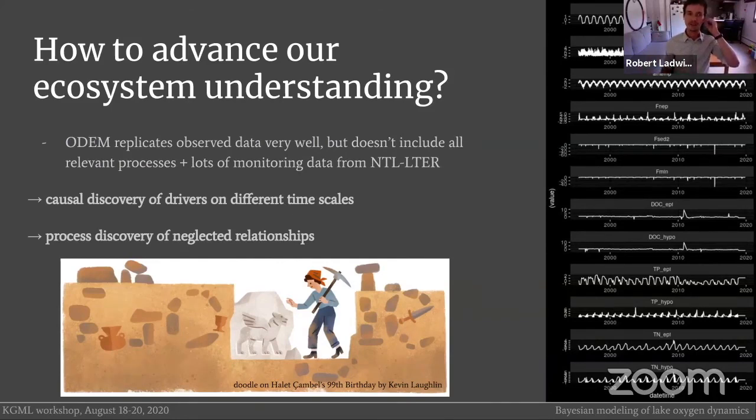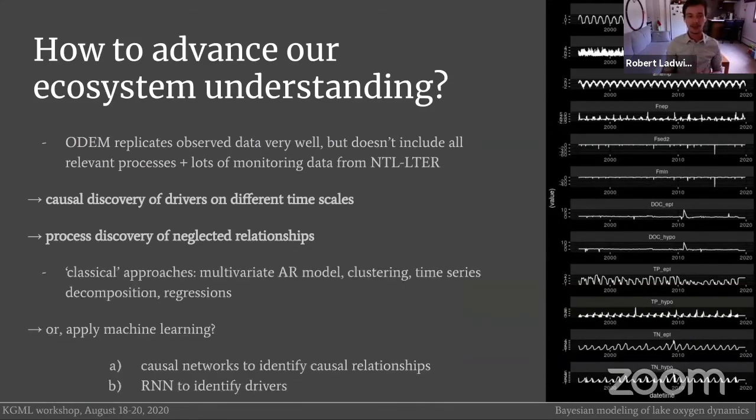And we have two big questions. The first one is, what are the causal relationships between the different drivers or variables? And also, what are the important empirical relationships that we have neglected now, but that could be important for the next iteration of ODEM?